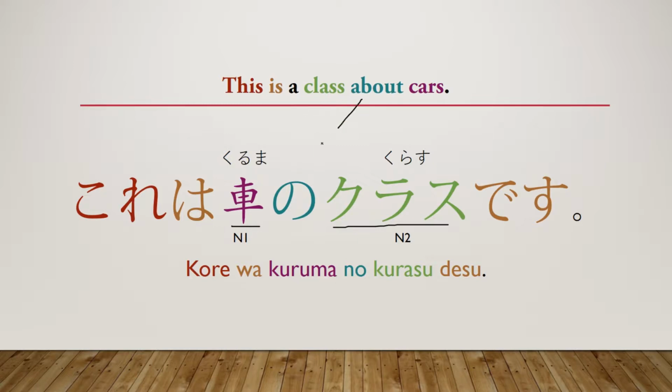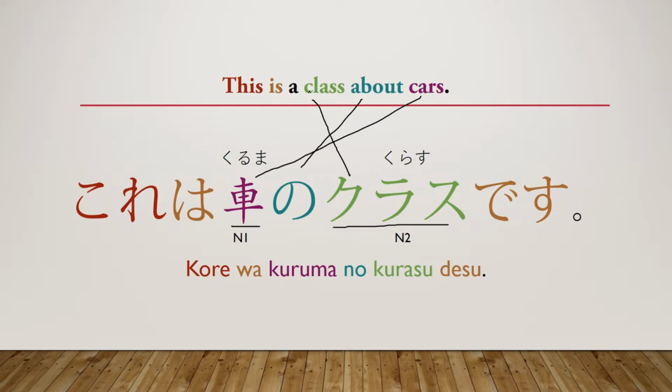So the no in this instance is kind of acting as about. And then we have our kurasu, our class, and that is right there. And then cars is over here. So if you notice, they kind of crisscross a little bit with this. That happens with this structure, even though in a lot of instances it doesn't need to crisscross, but we'll see that in the next example.